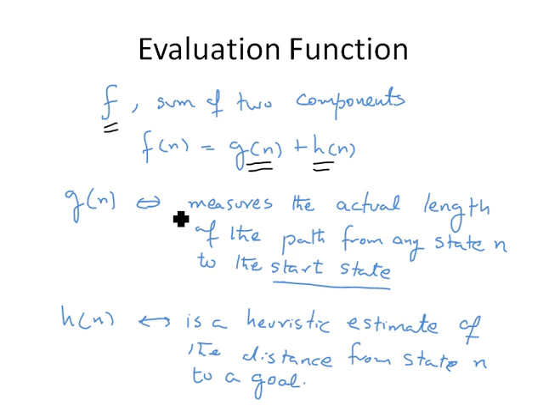What g(n) is, in our case, it measures the actual length of the path from any state n to the start state. We could think of this, for our case, as the distance from the starting state.